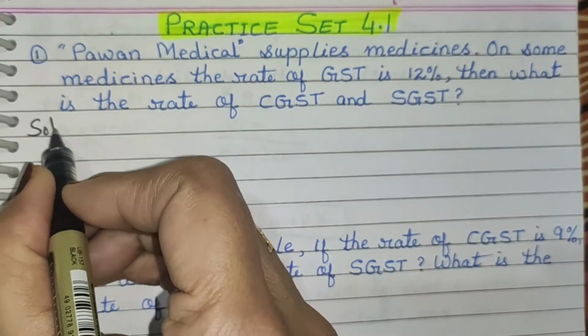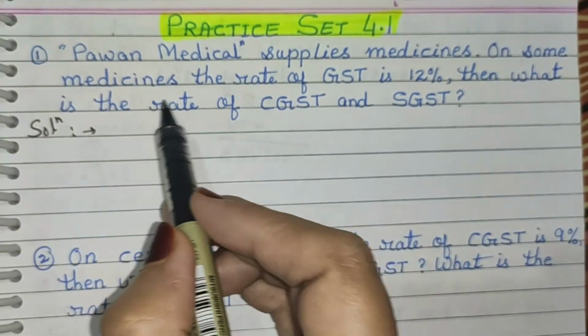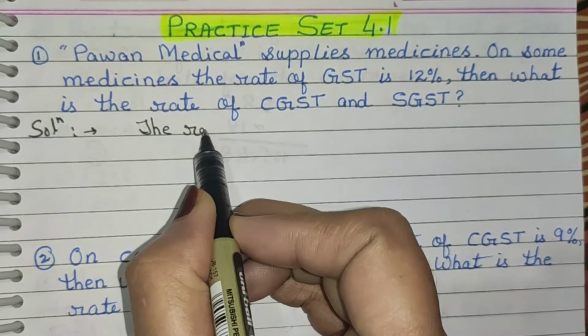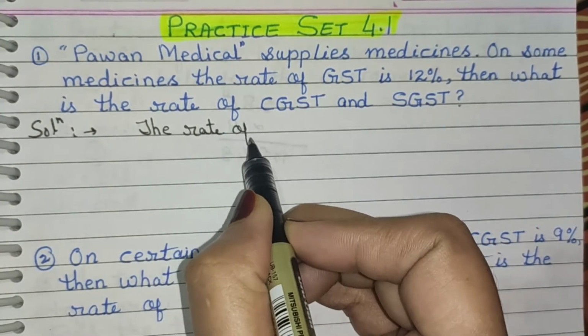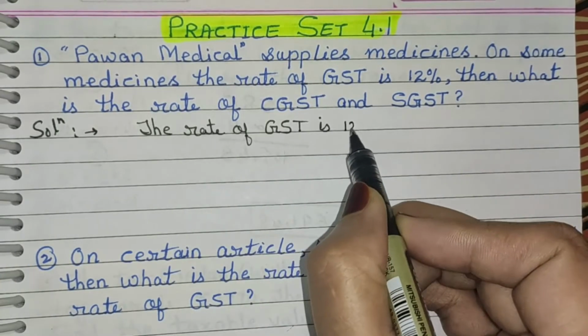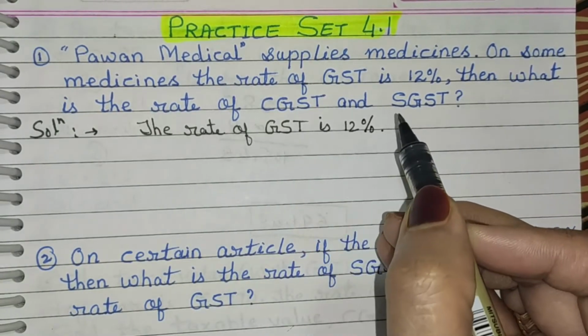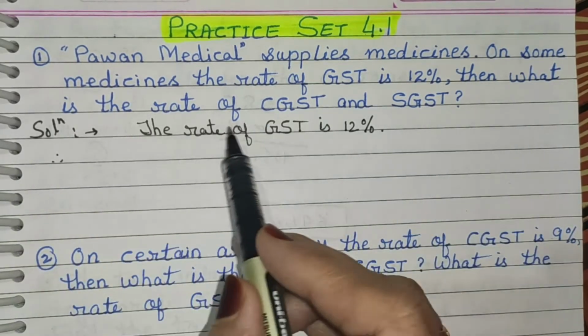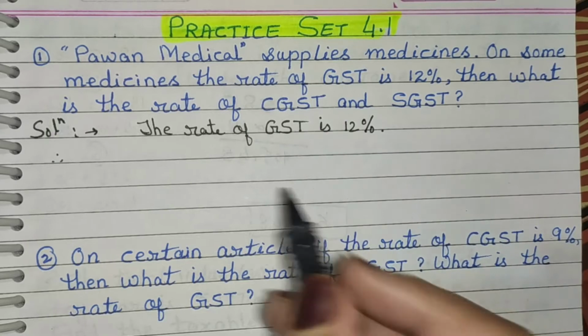Write down the solution here. Now the rate of GST is given. Write down: the rate of GST is 12%. Therefore, our aim is to find the rate of CGST and SGST.